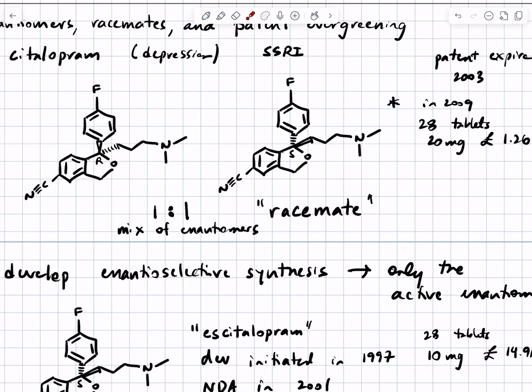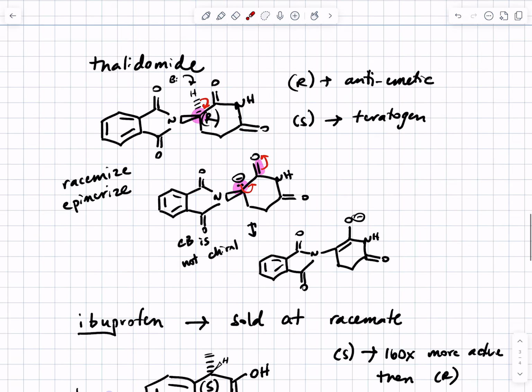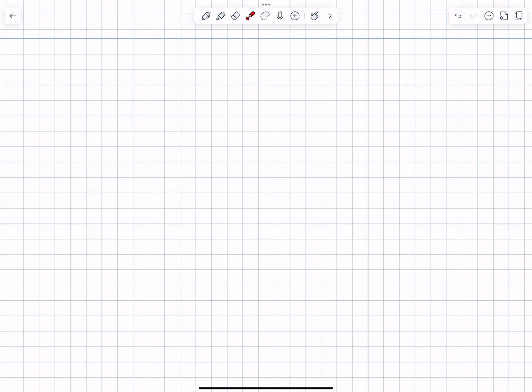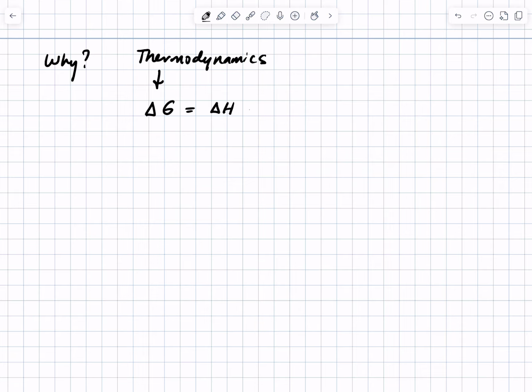All right. So with that, we need to move on to chapter 6, which is going to be about how reactions happen and why. We're going to deal with why first and then how second. So the issue of why reactions happen is essentially an issue of thermodynamics. And when we say thermodynamics, you need to be thinking about your Gen Chem experience and this delta G equals delta H minus T delta S, right?